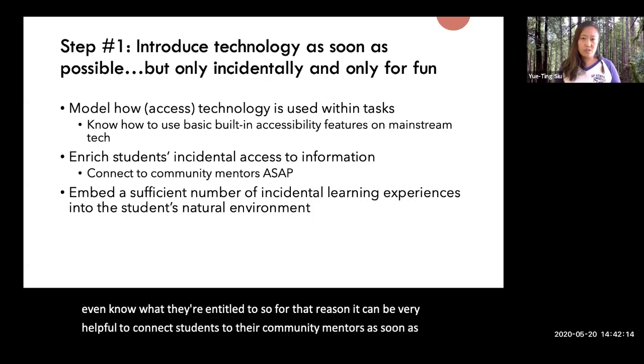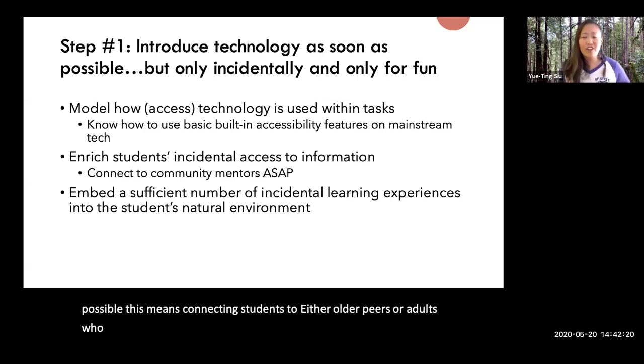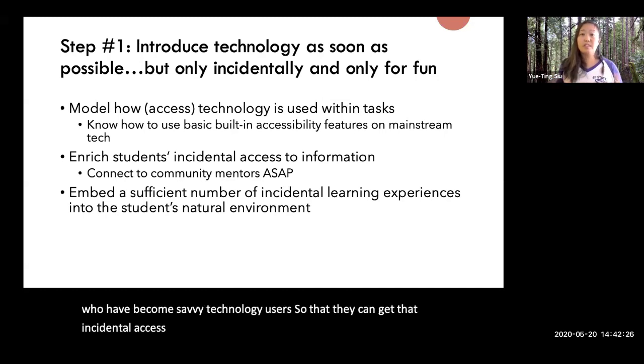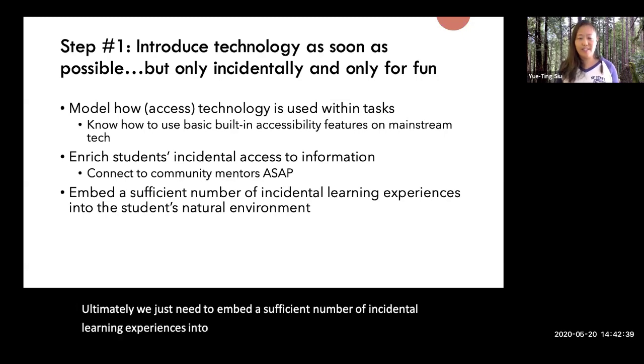This means connecting students to either older peers or adults who have become savvy technology users so that they can get that incidental access and incidental experiences that maybe is more limited with a sighted parent in the home, okay? Ultimately, we just need to embed a sufficient number of incidental learning experiences into the student's natural environment. And you might be wondering, okay, well, what is sufficient?